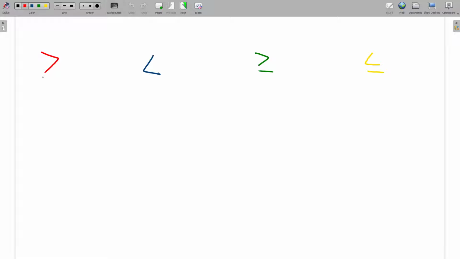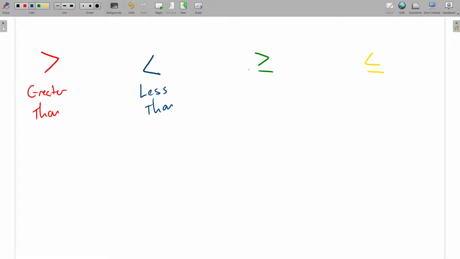Before we actually solve the one variable linear inequalities, we want to make sure that we know what the inequality symbols are and what they actually mean. We have the 4 inequality symbols written, each in a different color. The first one is greater than. If you see this symbol, it always means greater than. The second one is less than.